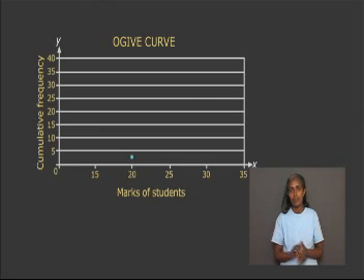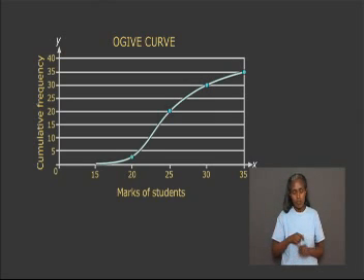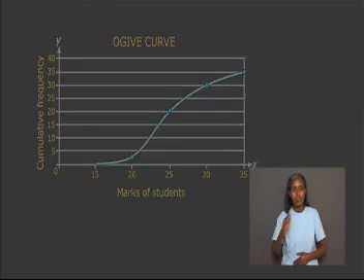The first point is plotted at 3 for frequency and 20 for value. The next point is plotted at 20 for cumulative frequency and 25 for value. We continue plotting our cumulative frequency until the curve looks like this.